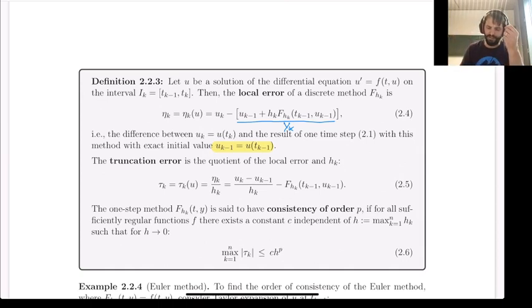Now I immediately defined the truncation error to be eta_k over h_k, but that's just a consequence of the definition.